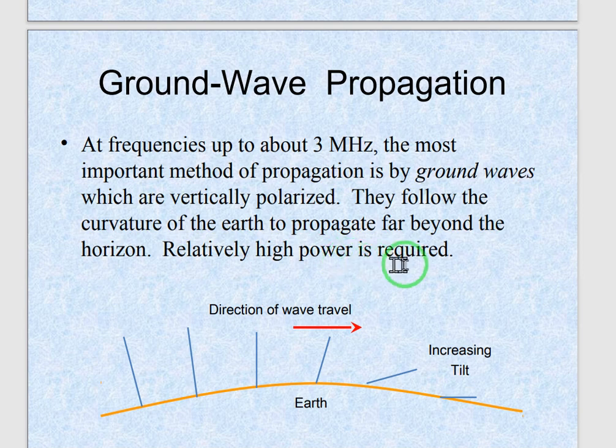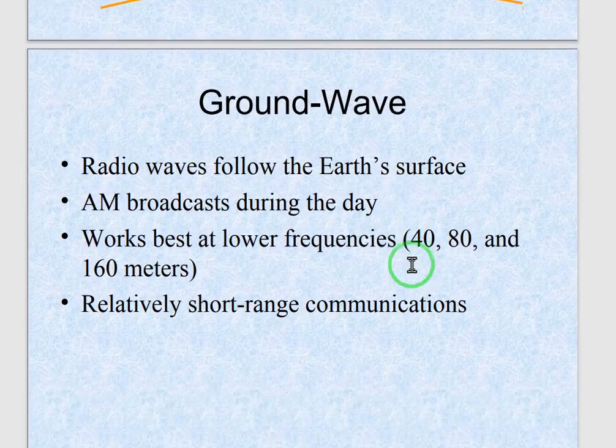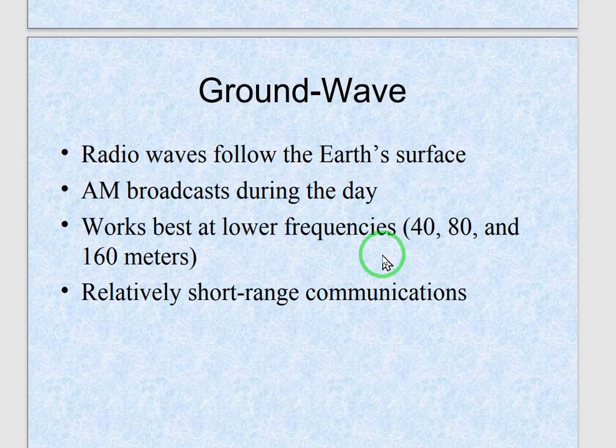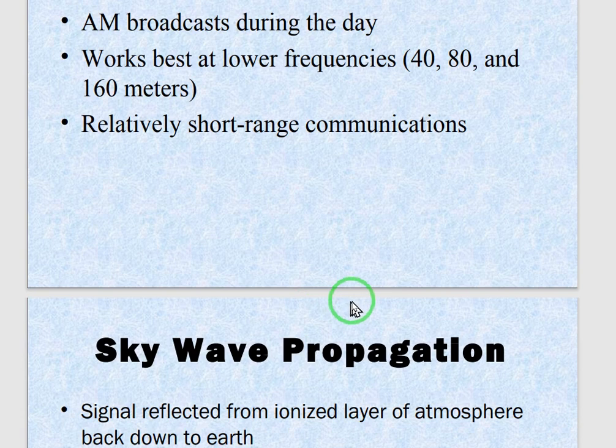It relatively requires high power. The radio wave follows the Earth's surface. AM broadcast during the day is the best example. They work best at lower frequencies. Relatively short range communication is done by ground wave propagation mode.